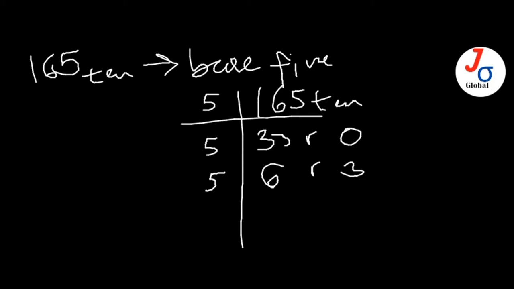And 6 divided by 5, I have 1, remainder 1. And 1 divided by 5 is practically impossible in this simple method, so I'm going to have 0, remainder 1. I'm going to bring down 1.